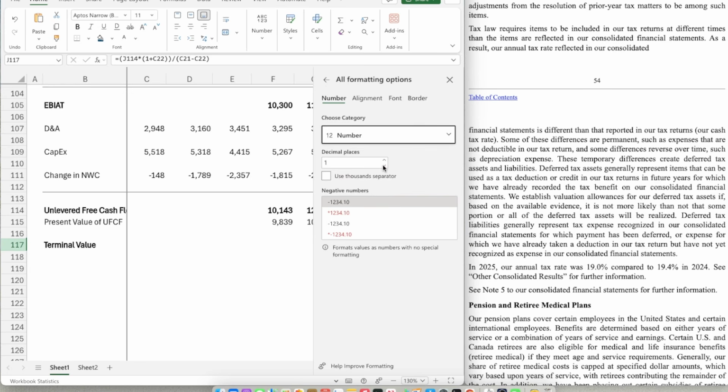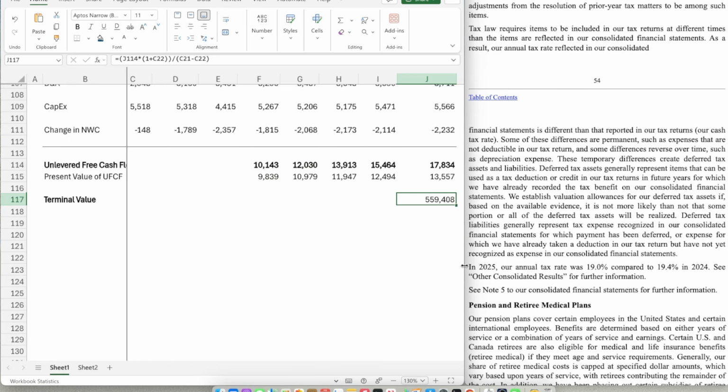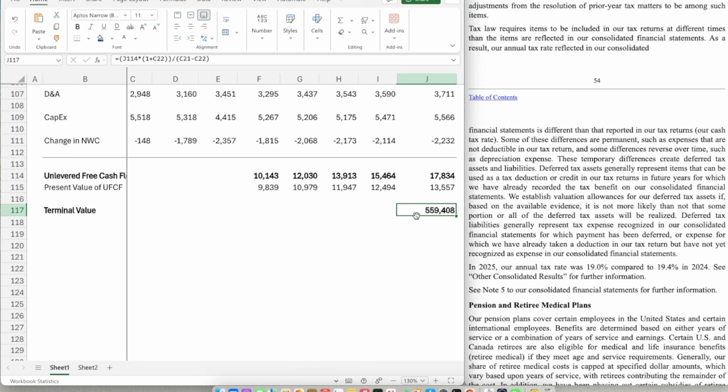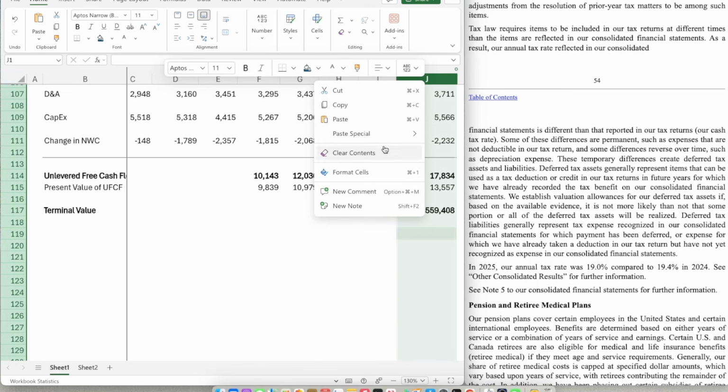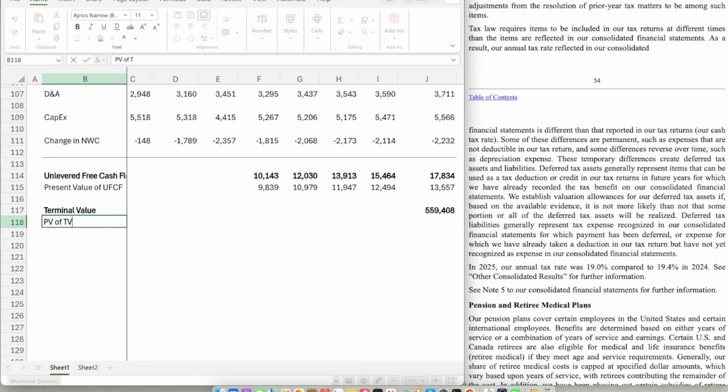Oh, it's made the column larger. And we want the present value of the terminal value.